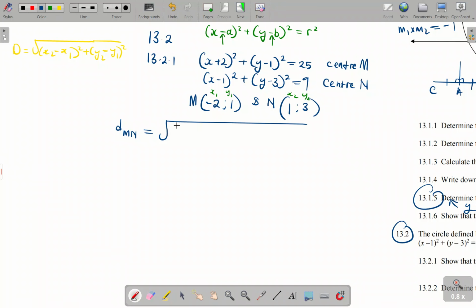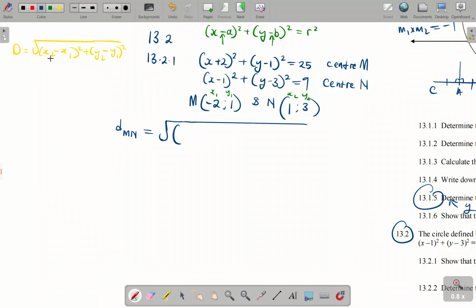We start with the x2, which is 3, minus your x1, that's negative 2, so you put it in brackets since you have the negative sign there, and then you sum it. So you're done with the x. Now let's read the y. You see, I made a mistake there. Let me remove that. So this is supposed to be, let me first fix this.